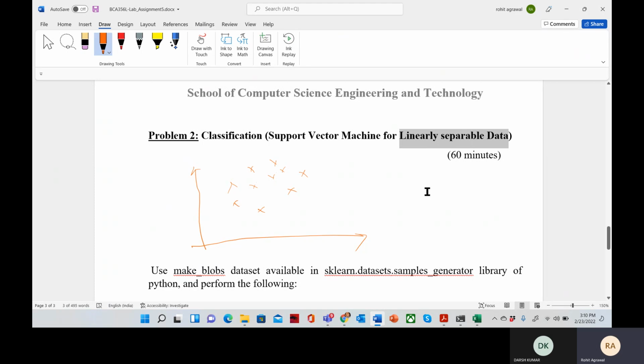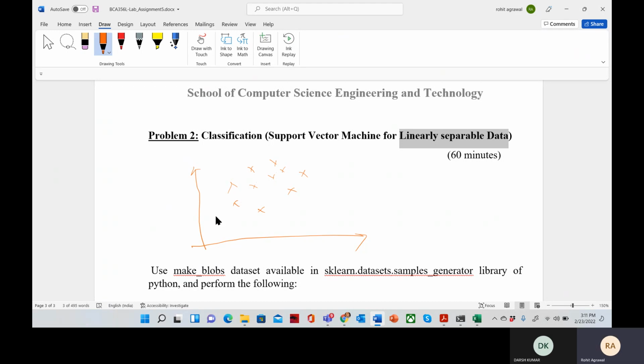Linearly separable, what does it mean? We are assuming that our data is linearly separable, but it can be used where data is not linearly separable. Keep in mind, this time we are just using it for linearly separable data, but there may be the case that your data is not linearly separable. So we will have a support vector machine for non-linearly separable data also.